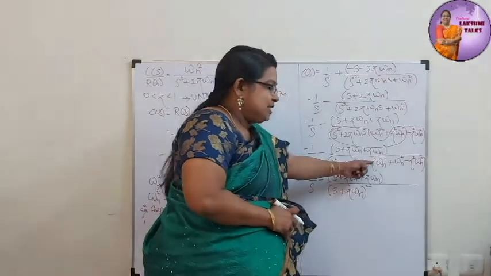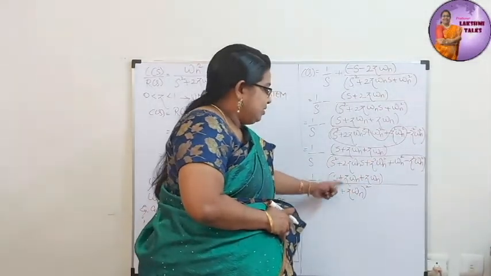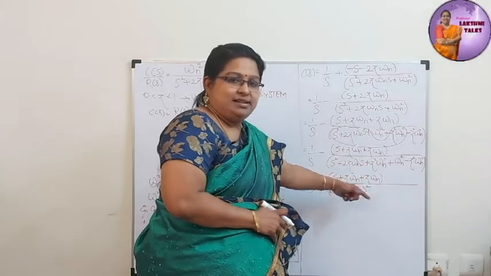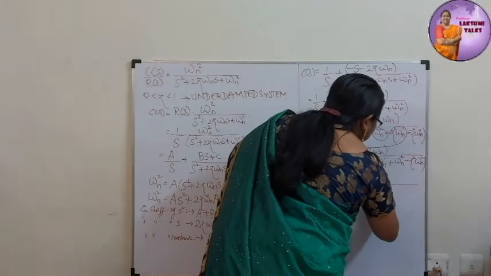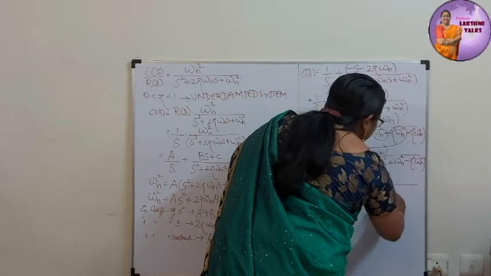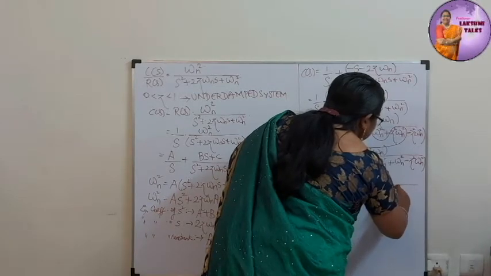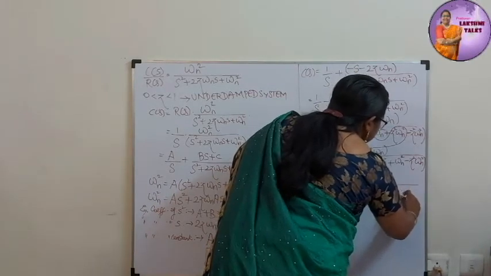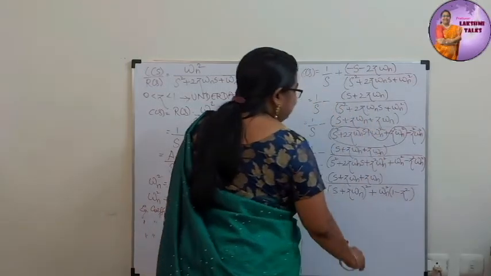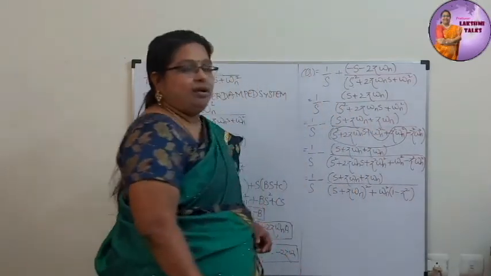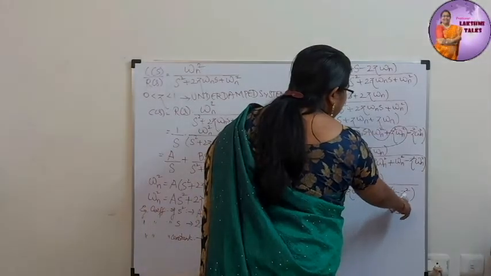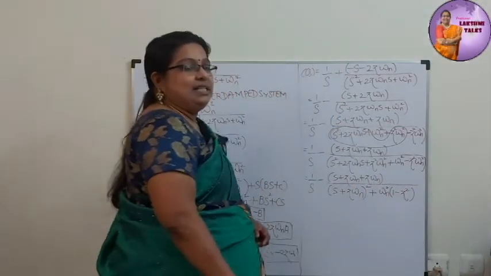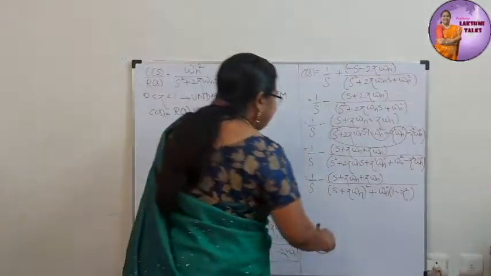S square plus zeta square omega n square plus 2 zeta omega n s. Now, what about the remaining term? Omega n square is common, omega n square into 1 minus zeta square. This omega n square into 1 minus zeta square is nothing but the damped frequency squared, omega d squared.